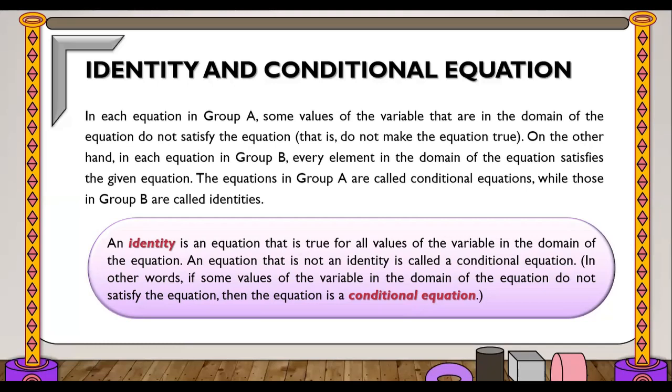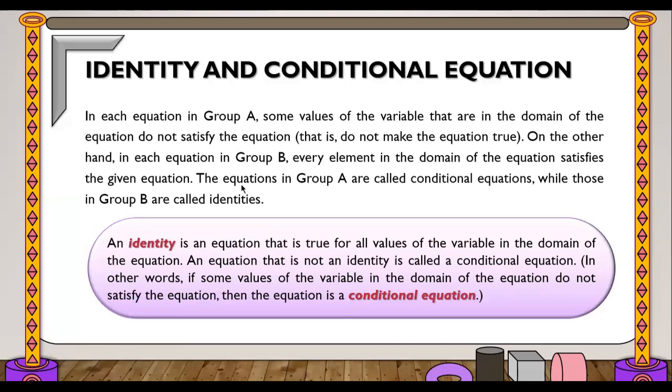So, depende doon sa variable x. On the other hand, doon naman sa group B, every element in the domain of the equation satisfies the given equation. Diba? Kapag sinubstitute natin, left and right side magiging true yung ating statement for every domain x, no?